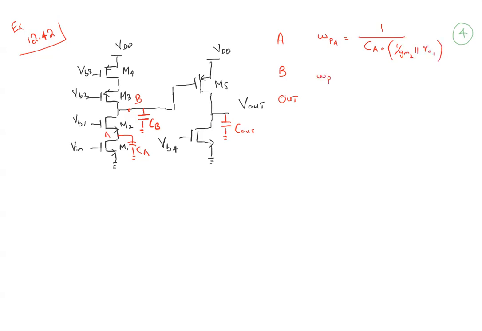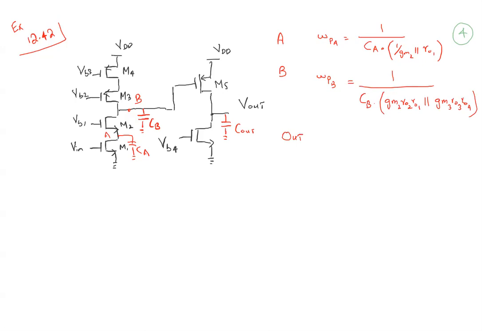Let's write it. And what about the pole at B location? So we have a capacitance which is CB. So let's write CB, and then we have the cascode. So we know the approximate relation of the cascode: gm2 ro2 ro1 in parallel with gm3 ro3 ro4. Okay, so this is the same prior information which all of us know now about how to find the pole, that is specifically the relation.